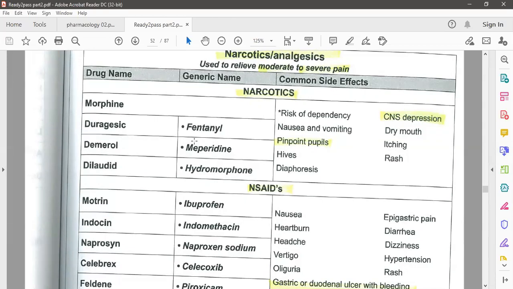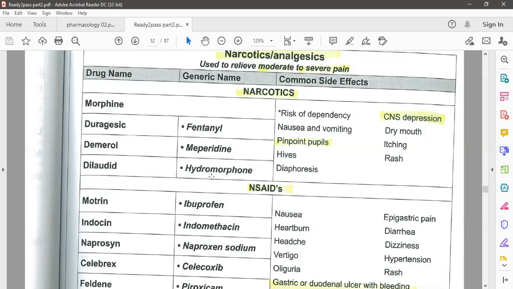Another medication in this group is called hydromorphone. So morphine, and then something else, hydromorphone. Hydromorphone is not like morphine, and you cannot interchange them.